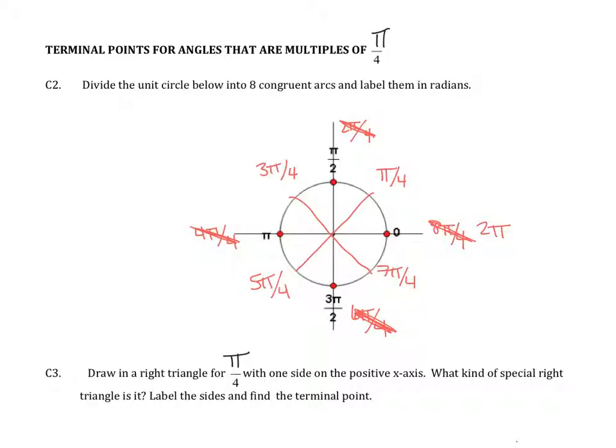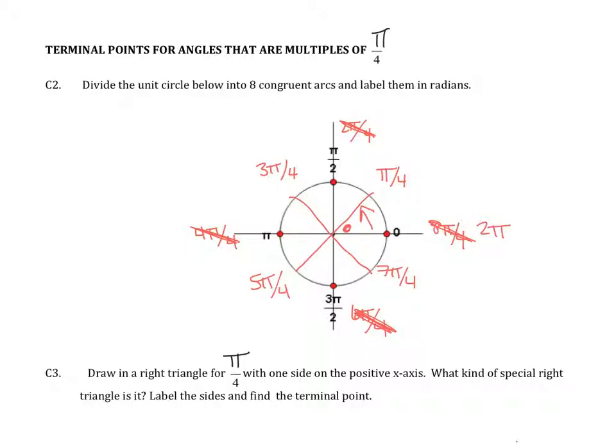Now, let's talk about what's going on here. When we talk about it being a pi over 4 angle, we're actually talking about moving this direction by pi over 4. So the angle that's pi over 4 is this guy right in there. I have moved from the initial side, laying along the positive x-axis, and rotated the terminal side up by pi over 4.